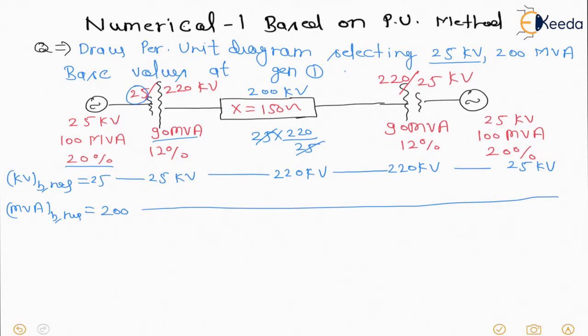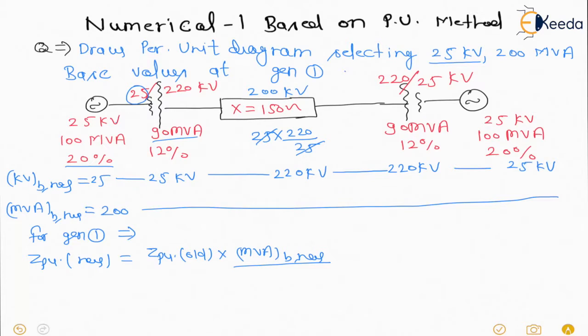First, for generator number 1, ZPU new will be equal to how much? First I'm writing the formula: ZPU new is equal to ZPU old into MVAB new upon MVAB old into KVB old square upon KVB new square.